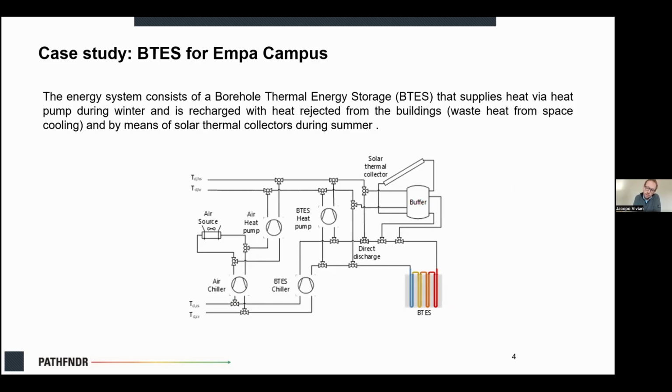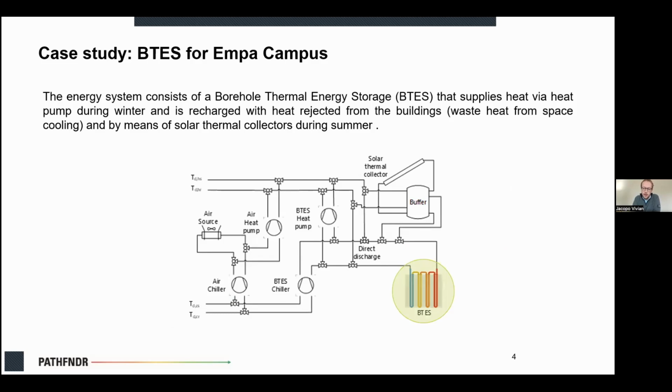This is the energy hub that we want to optimize. That means we want to find the optimal size and also how to optimally manage all the components that allow the exploitation of a borehole thermal energy storage system.